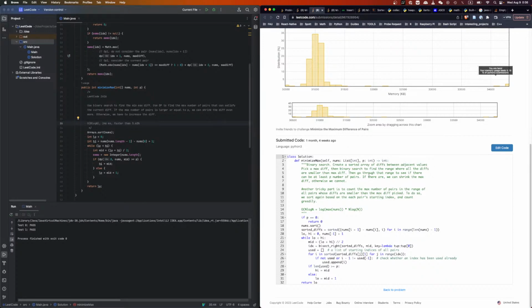Pick a max diff. And we have sorted diffs, which is this. Okay. Oh, can we do this? I guess we can. List of indices for all pairs.